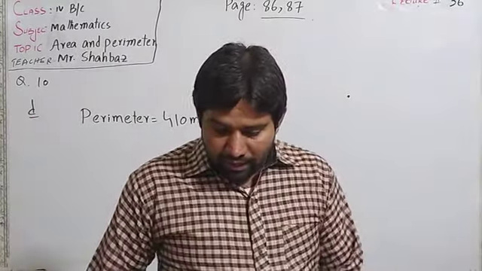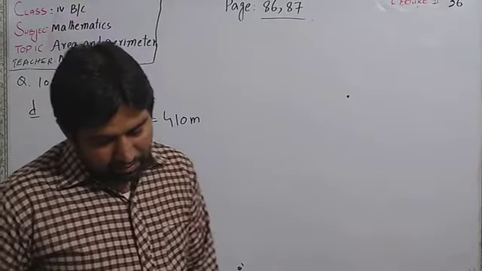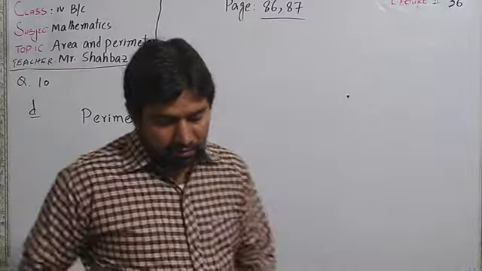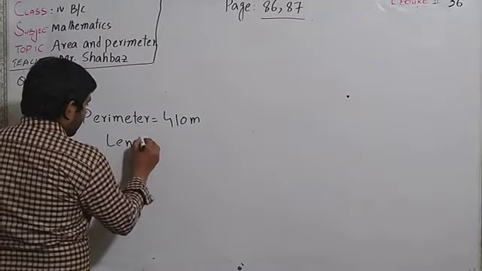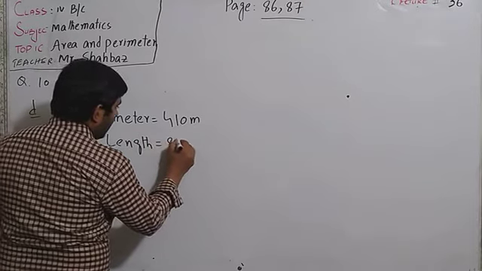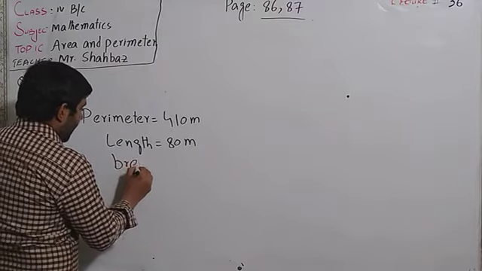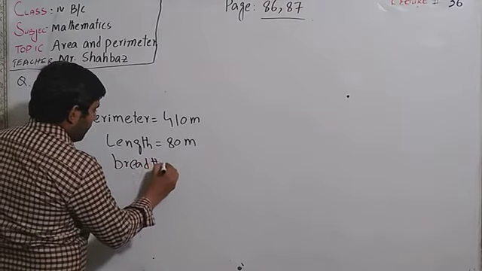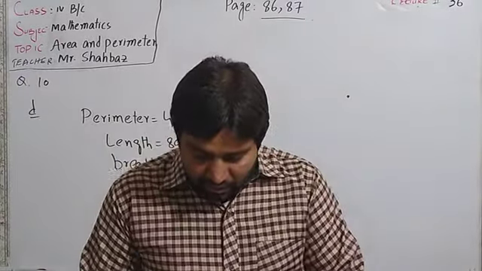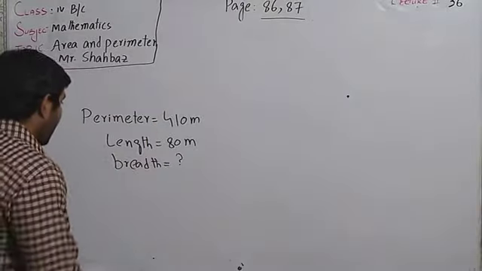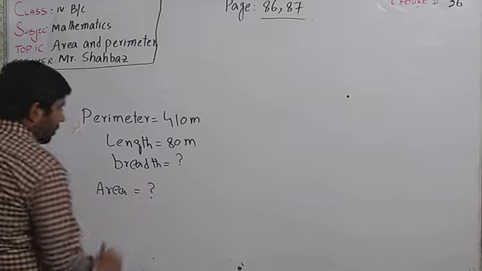If one wall along the length of the playground is 80 meter long, what is the length along its breadth? So if the length of one side is equal to 80 meter, then what is the length of breadth? We have to find this one. And what is the area of the playground? We also find the area. Area is equal to question mark.